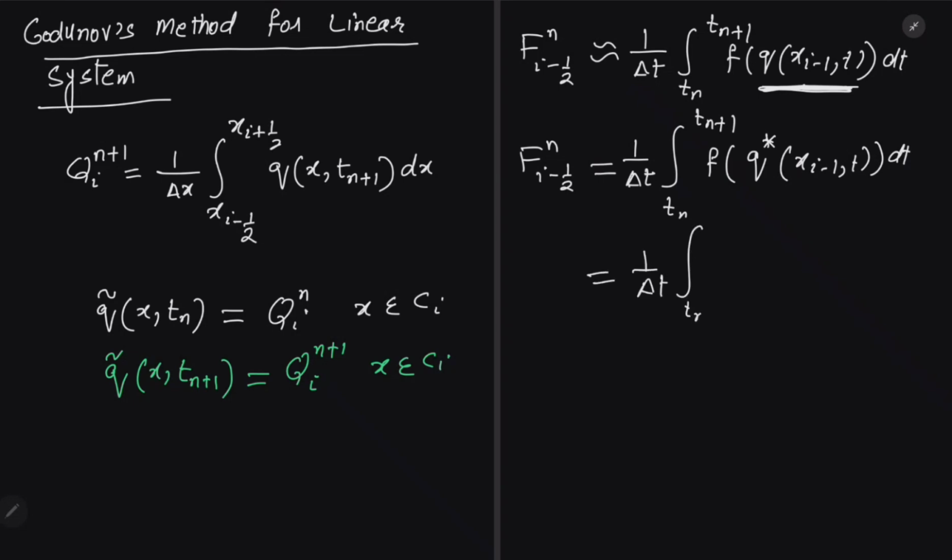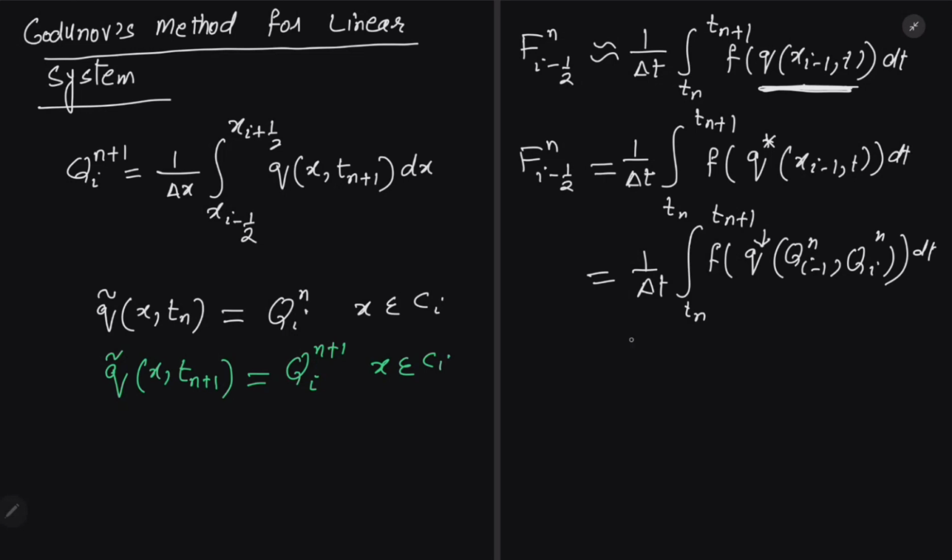The values can be taken as Q_{i-1}^n and Q_i^n. Okay, that's what we have over here.